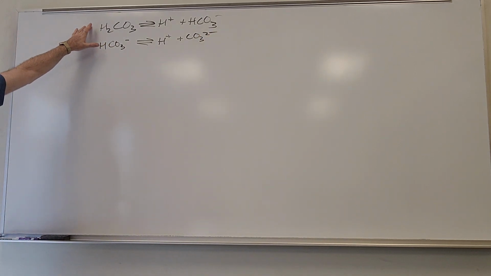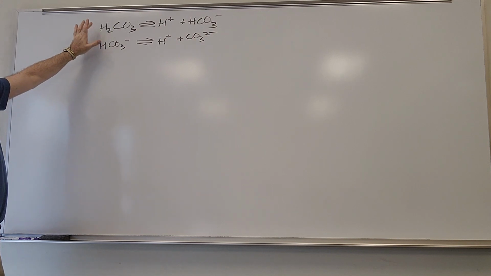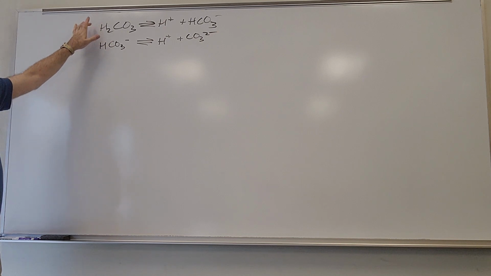And the first one is dominant, and the second one is only minor. But what if we find ourselves at a pH where this one has gone to its conclusion, and this one is kicking in now? How much of each of these things do I have in solution? Okay, that's complicated. That'll be next.